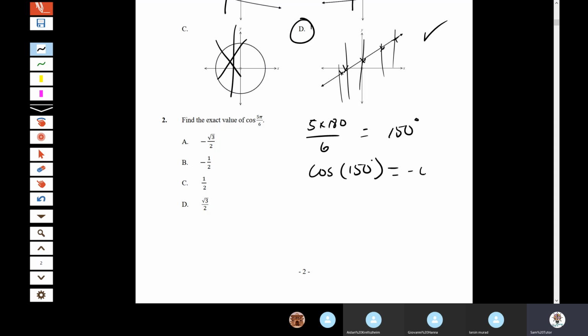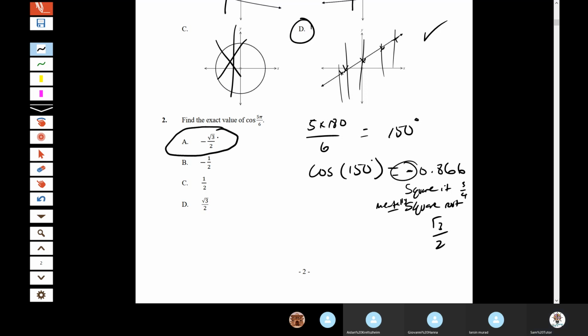That gave me negative 0.866. Then we square it, square root it mentally. Squared it becomes 3 over 4. Mentally square root means root 3 over 2. But you've got to remember it was a negative. The answer is negative root 3 over 2.